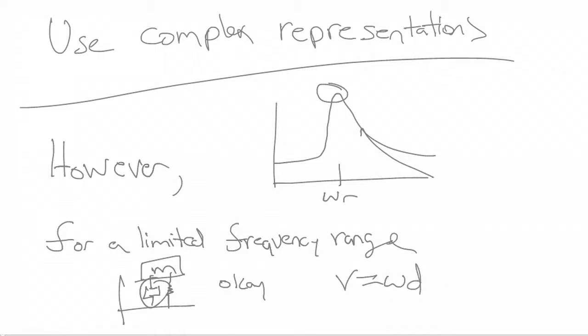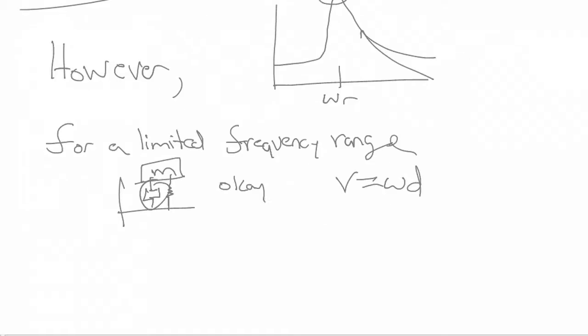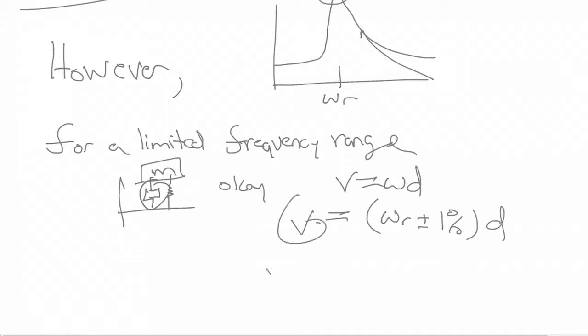Let's say we have a piezoelectric material or whatever, and we're only using it at the resonance frequency, plus or minus, let's say, 1%. Basically the velocity relation is only going to vary plus or minus 1% relative to the displacement.